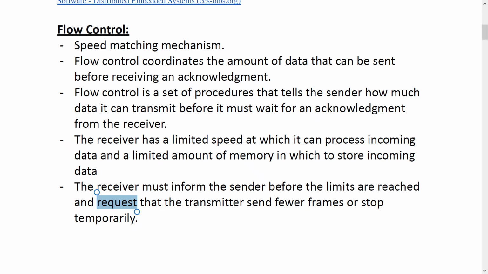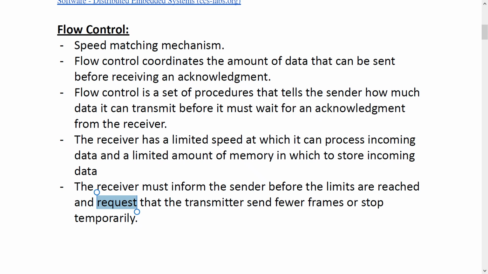The receiver must inform the sender before the limits are reached and request that the transmitter send fewer frames or stop temporarily. So this means that the receiver and the transmitter are always talking to each other about their conditions, their situations, their capability of reception and transmission, and their link situation and behavior.